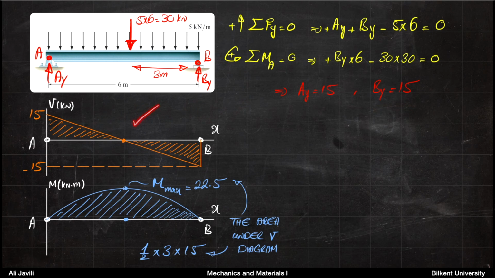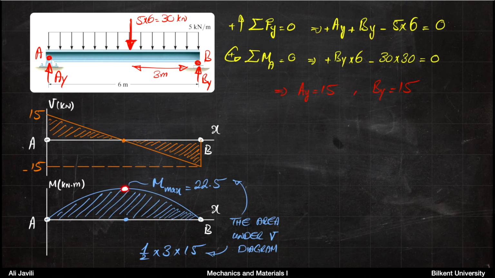Once you have the shear force diagram, from that you can also draw the moment diagram. You know that the moments would be 0 at the two ends, and then because the shear force is a linear function, the moment diagram would be a quadratic function.